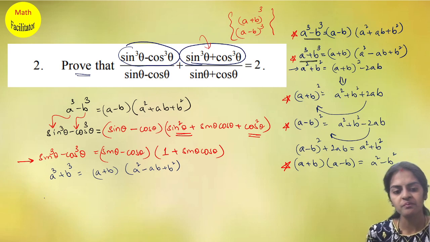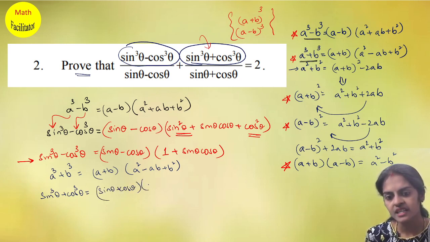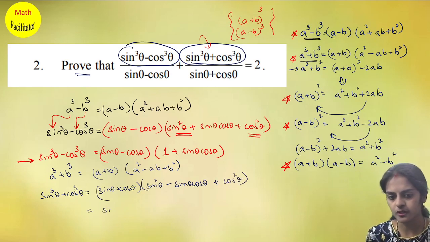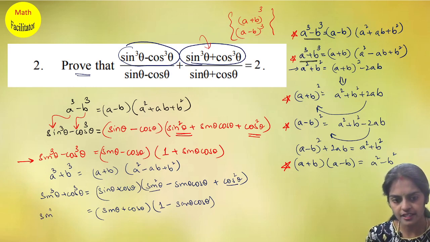So sine cube theta plus cos cube theta is sine theta plus cos theta into sine square theta minus sine theta cos theta plus cos square theta. That is again equal to sine theta plus cos theta into sine square theta plus cos square theta, which is 1, minus sine theta cos theta. So this is the value of sine cube theta plus cos cube theta.